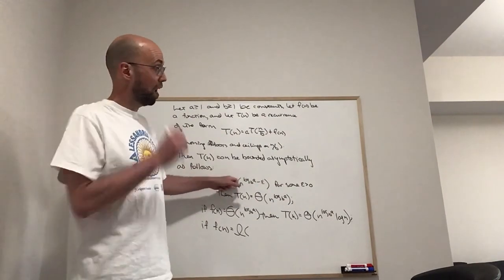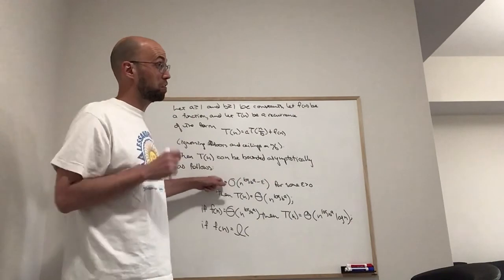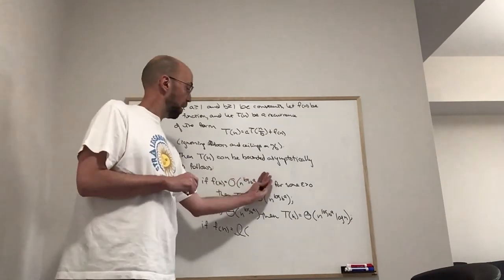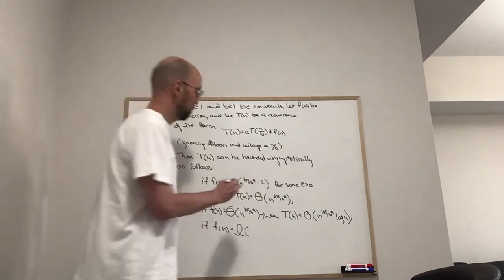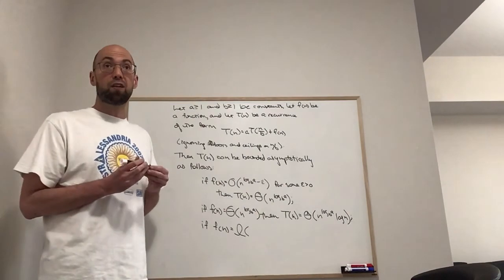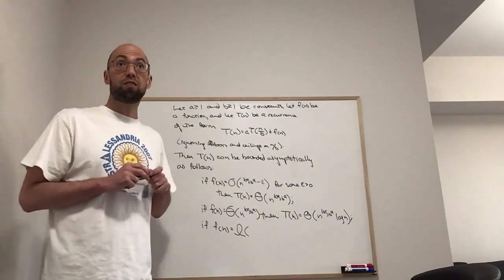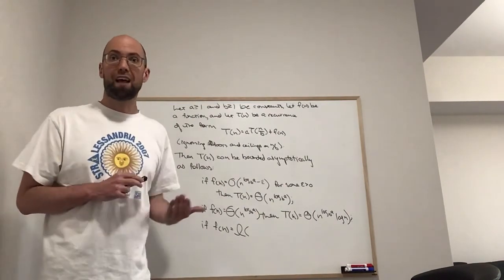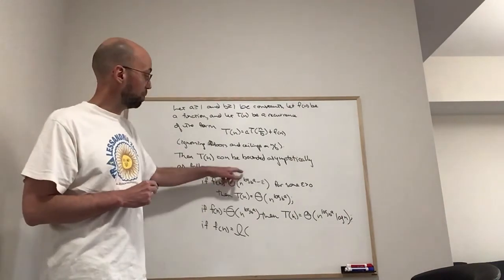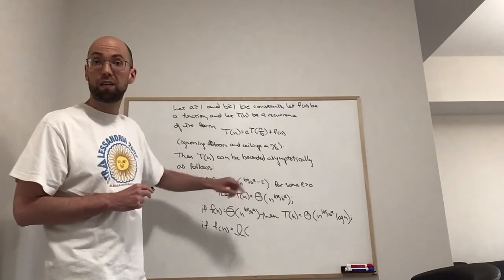This is actually a stronger statement than little o of n to the log base b of a, because that would include things like n to the log base b of a over log n, which is asymptotically much bigger than this.